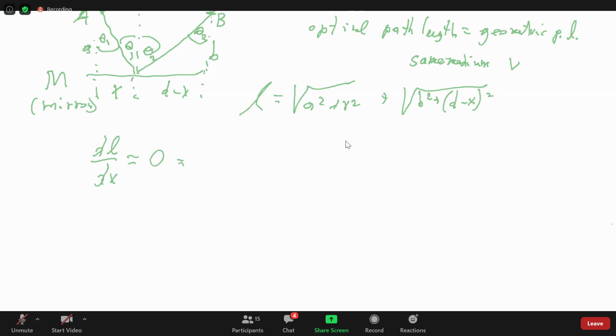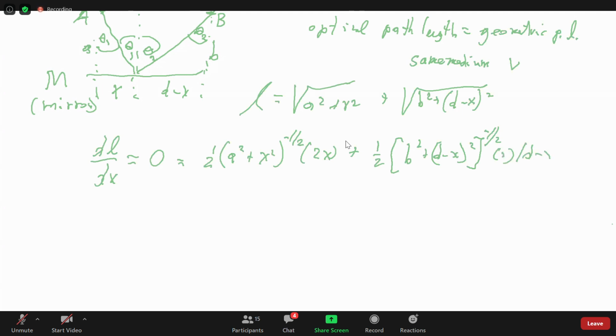So we get 1/2 (a squared plus x squared) to the negative 1/2, and we pull out a factor of 2x, plus 1/2 (b squared plus quantity d minus x squared), again to the minus 1/2, and then we pull out a factor of 2 and a d minus x and a minus 1, just as we had last time.